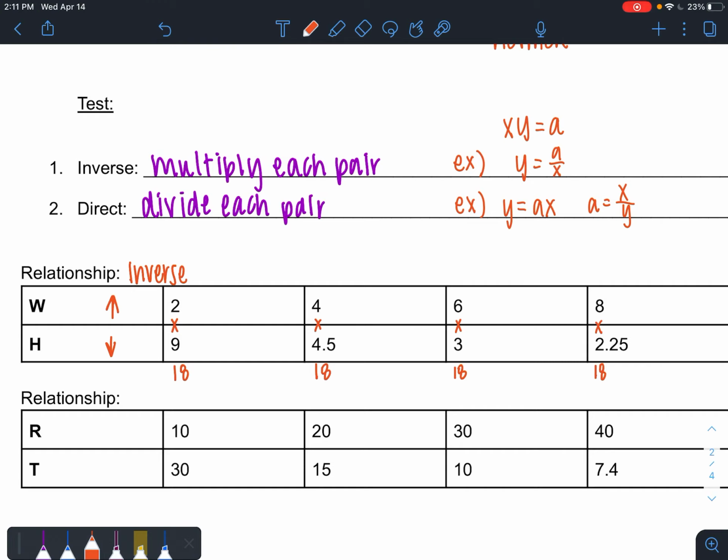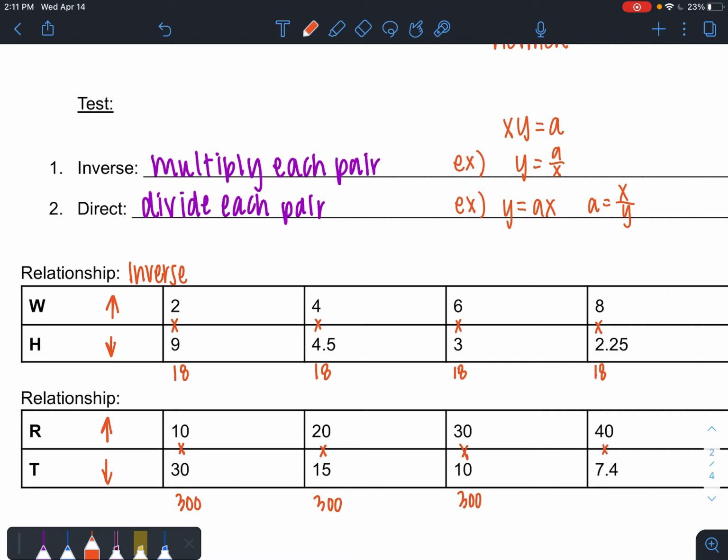All right, for this one here, my values are going up each time, and they're going down this way. So let's go ahead and do some multiplication. 10 times 30 is 300. 20 times 15, so 15 doubled is 30, times 10 is 300. 30 times 10 is 300.